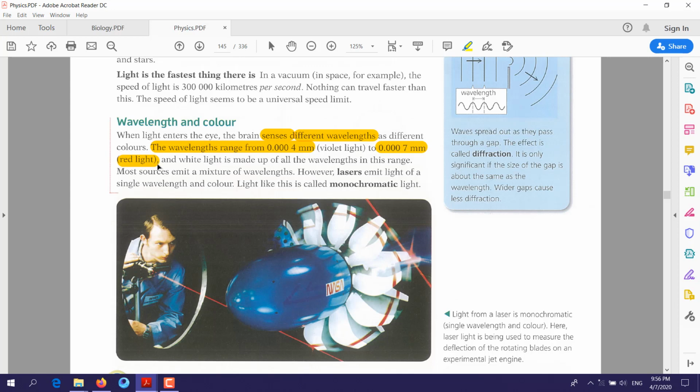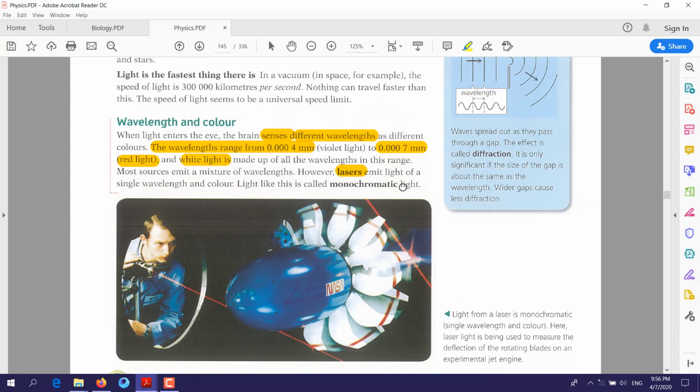One more thing, white light is made up of different colors with different wavelengths. These wavelengths range from 0.0004 to 0.0007 millimeter.